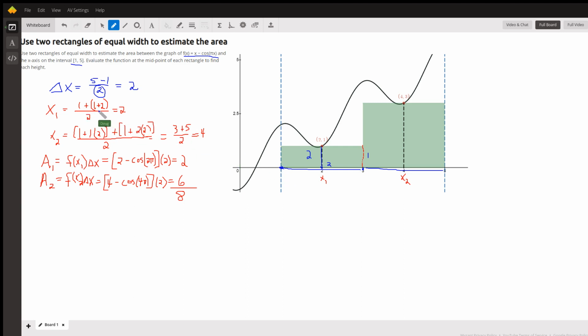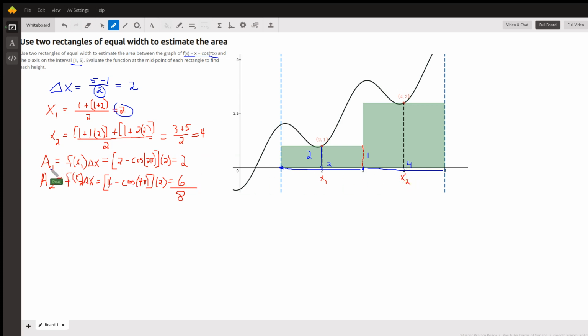And then if I start at 1 and add on 1 width, I'll get this endpoint, which is 3. And so if I add those together and divide by 2, I've got the x coordinate of the midpoint. And similarly for x sub 2, you could follow a similar pattern, but this midpoint is 4.